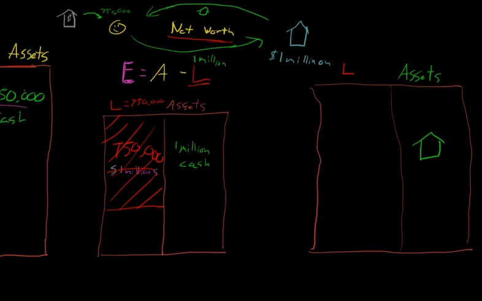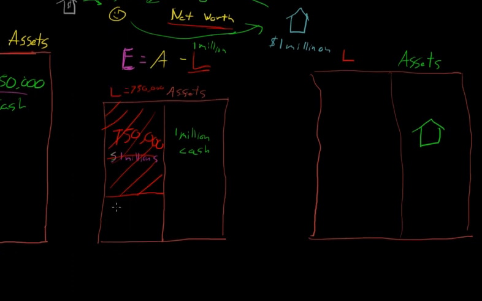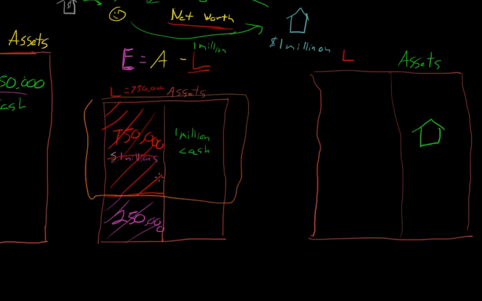Meaning that my equity, down in this little corner here, is equal to $250,000. And that makes sense because this entire top portion is just money that the bank gave me.